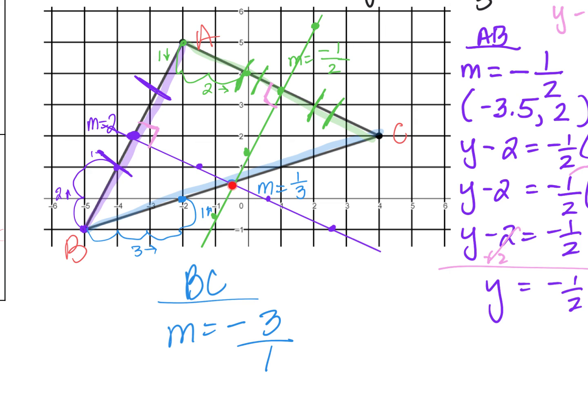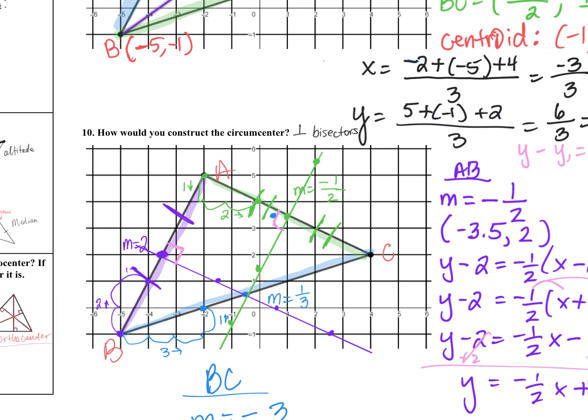I'm going to go down 3, and since I don't have enough space, I'm going to go the other direction, which is up 3, left 1. So let's plot that point right there. Up 3, left 1. I think that's all the space that I have for the graph. Now let's connect those points here, and I have my perpendicular bisectors.